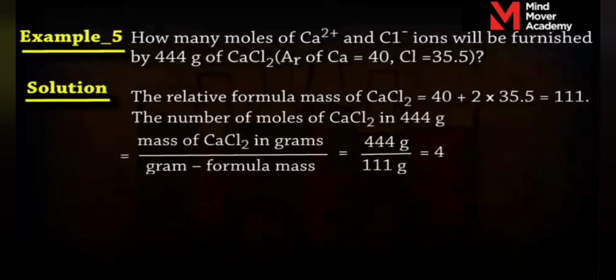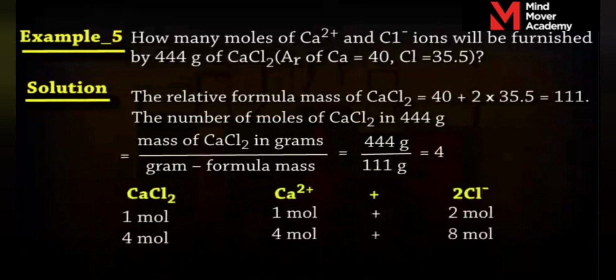The number of moles of CaCl2 in 444 grams is equal to mass of CaCl2 in grams divided by gram formula mass, which is 444 grams by 111 grams, equal to 4. So, 1 mole of CaCl2 gives 1 mole of Ca2+ and 2 moles of Cl-.